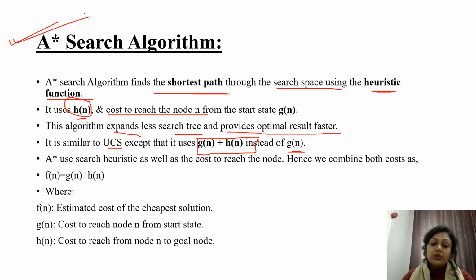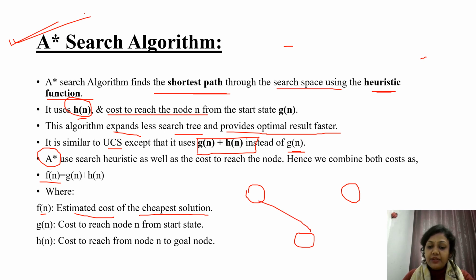Okay, so now in this A star algorithm, we will use this formula and calculate the minimum path value from the starting node to the destination node, considering more values also. Now, the term F(n) here denotes the estimated cost of the cheapest solution. What this cheapest solution means is, suppose we are given a graph and we have to go from the starting to the goal node.